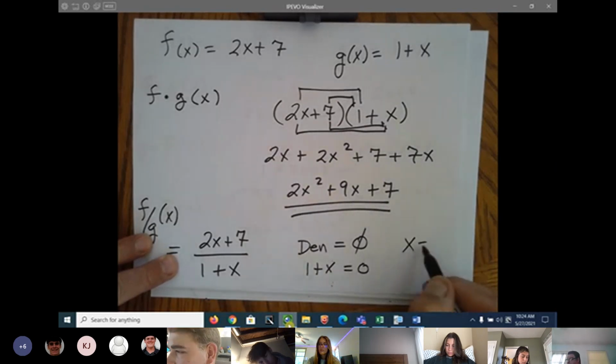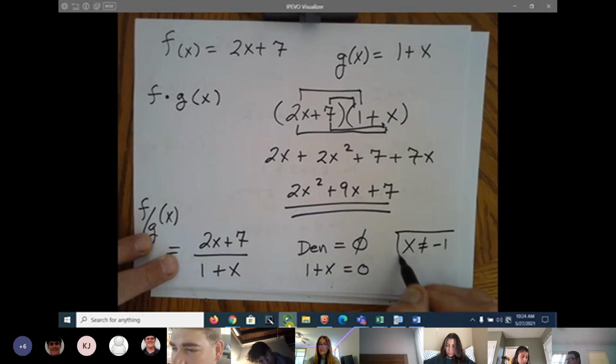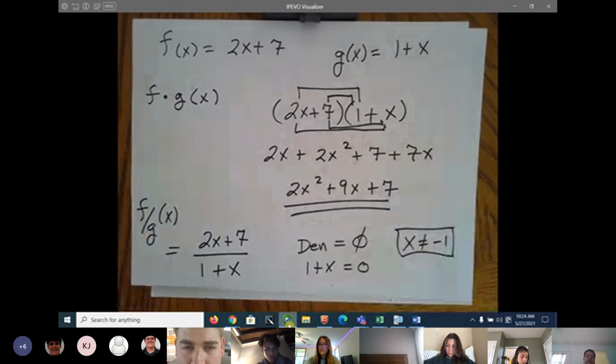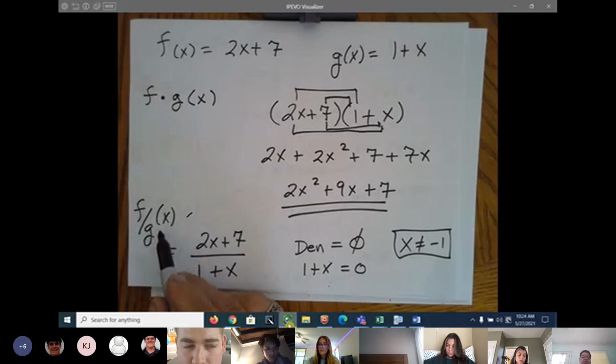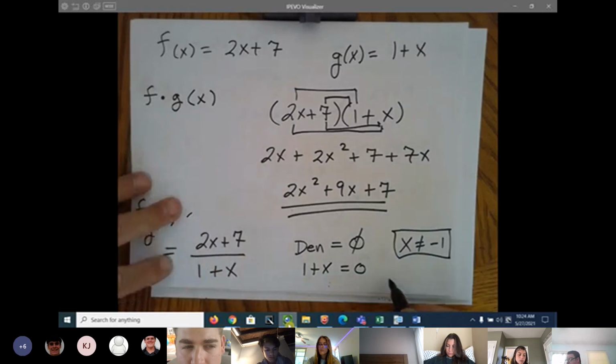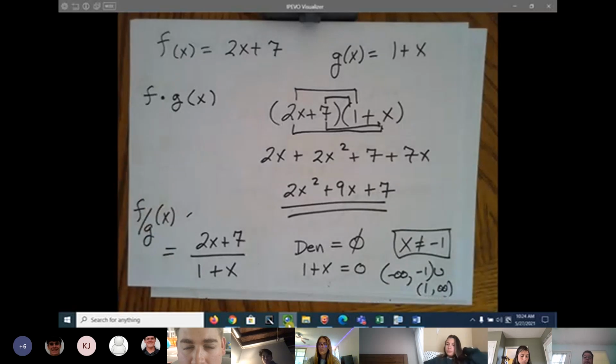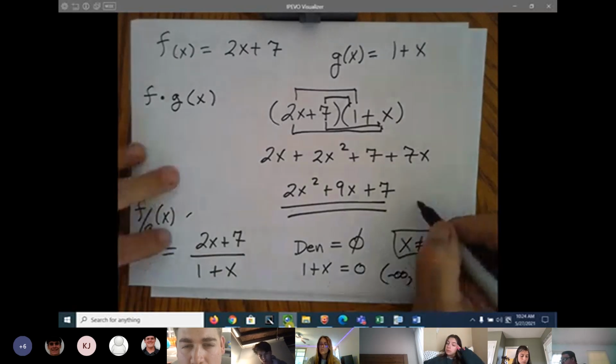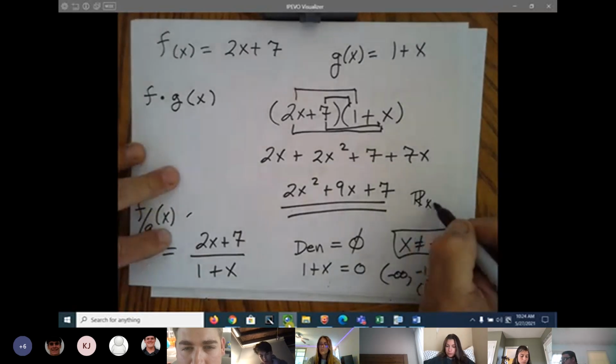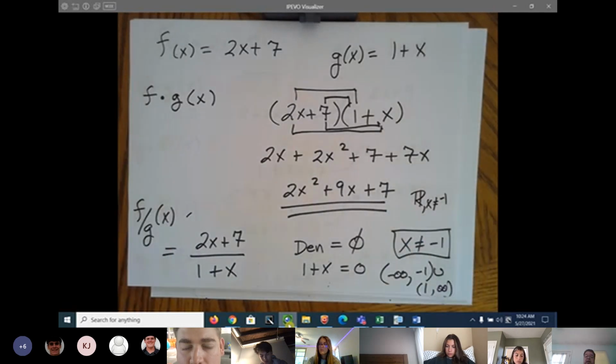Therefore, x cannot equal -1. So your domain for f divided by g is -infinity to -1 exclusive and -1 to infinity exclusive. Or you can say all real numbers except x cannot equal -1. You can say it like that if you want to.